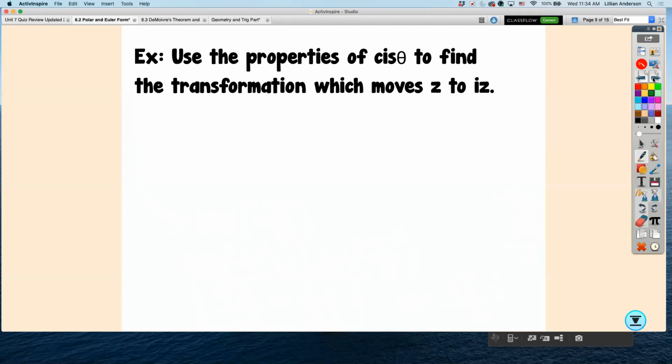All right. Z, that is that complex number. But we're using properties of cis, so we want it in polar form. How do I represent a complex number in polar form?